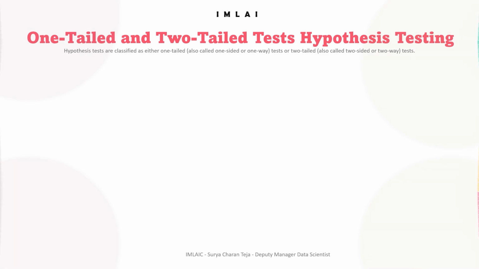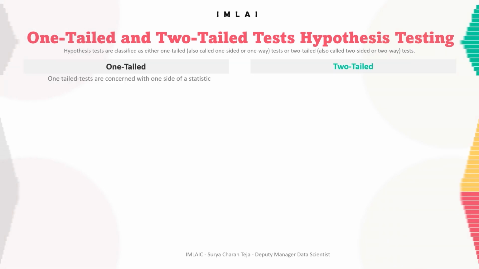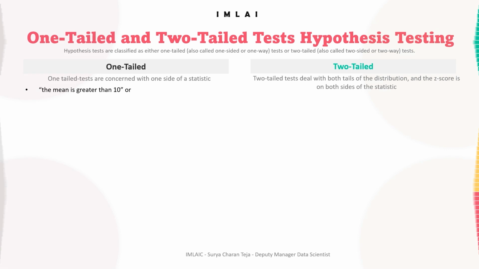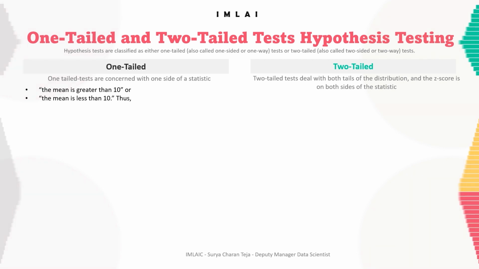One-tailed tests are concerned with one side of a statistic, such as the mean is greater than 10 or the mean is less than 10. Thus, one-tailed tests deal with only one tail of the distribution, and the z-score is on only one side of the statistic.